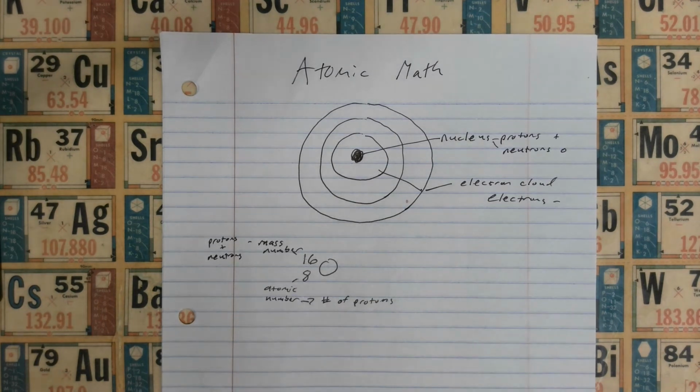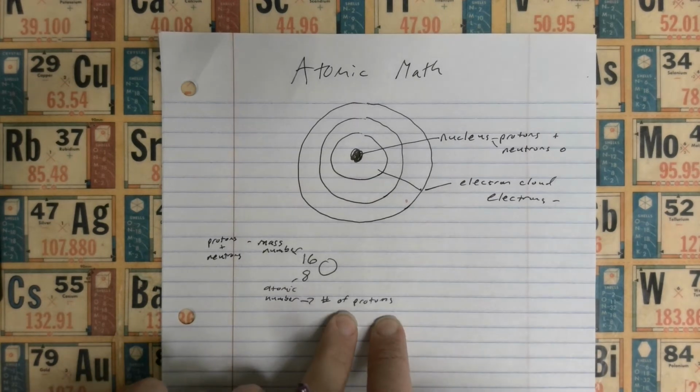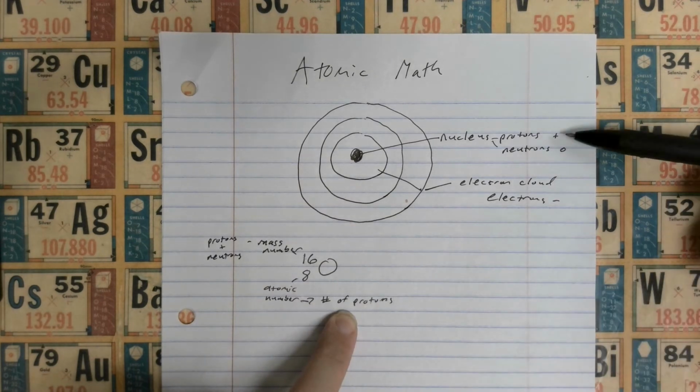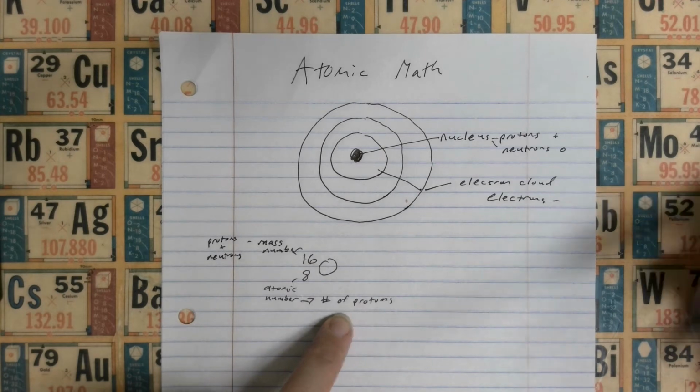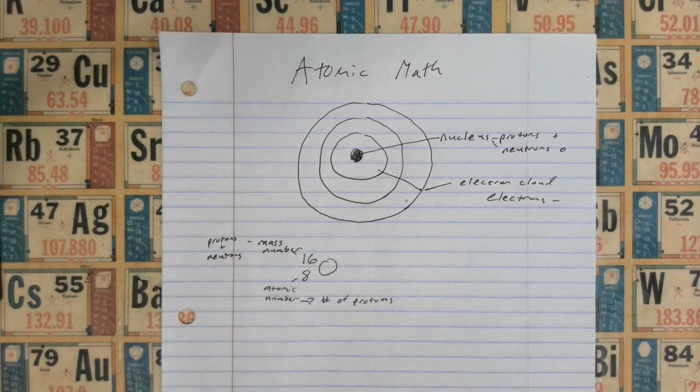Now, how do we figure out the electrons? Well, if it's a neutral atom, meaning it doesn't have a charge, then the protons will equal the electrons. Because remember, protons are positive, electrons are negative. If it's a neutral atom, the positives and negatives cancel each other out, and we get the same number of each.